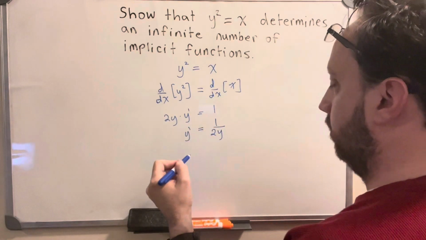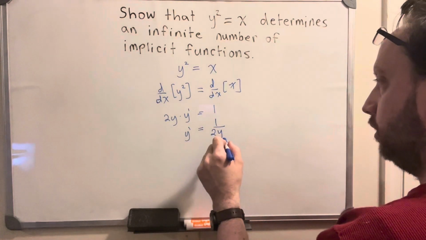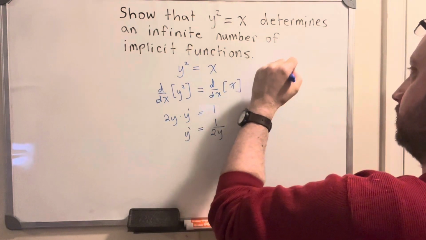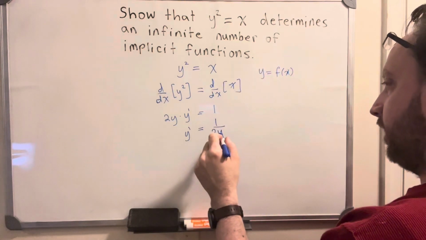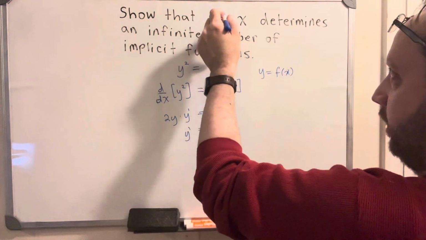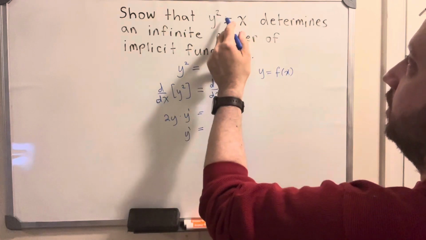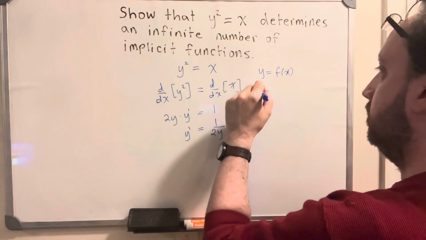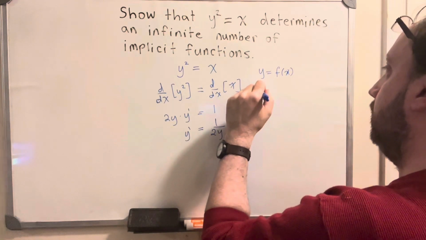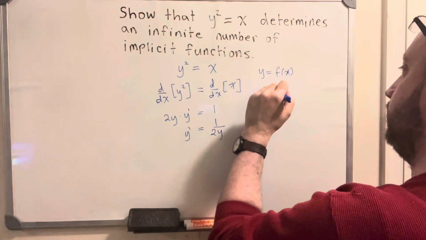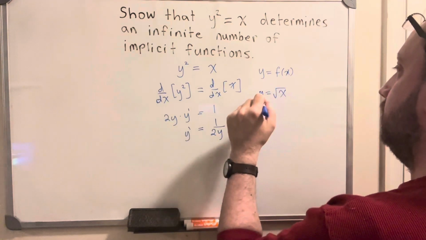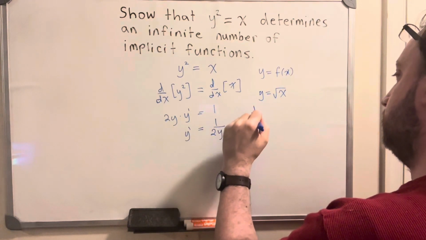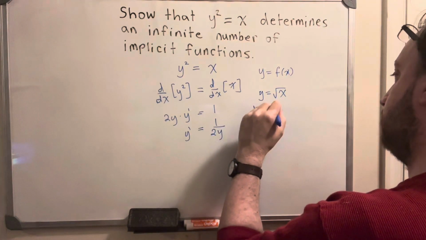What have we got by now? We still don't have y equals some function of x. But do you recognize, perhaps, from this, is this similar to y equals the square root of x? What's the derivative of x to the 1/2?